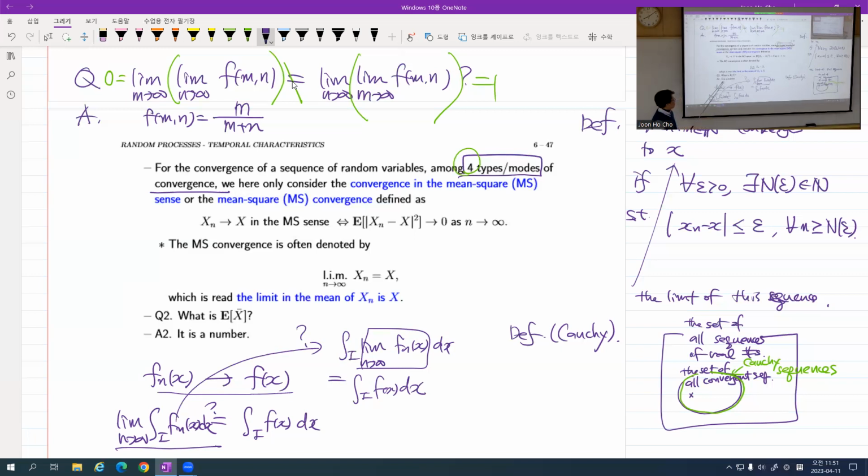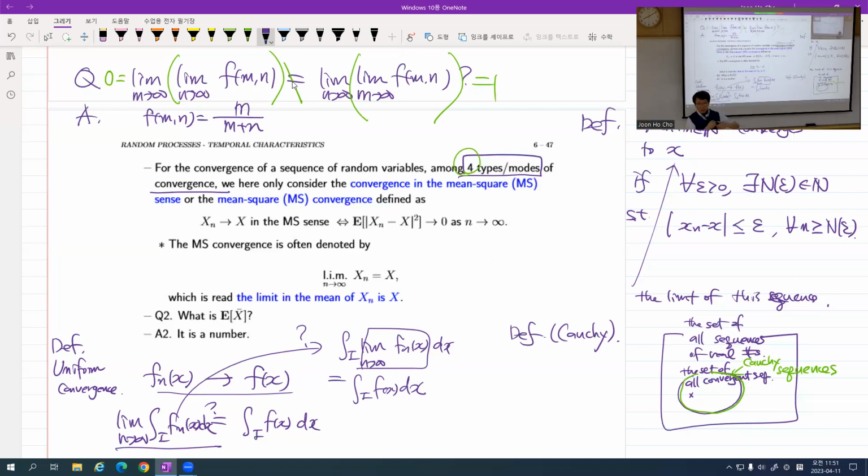So in general, this does not hold, but if this convergence is a uniform convergence, then you can say that. So uniform convergence is very important, and it makes almost everything possible. You can even change the order between limit and differentiation under certain conditions.